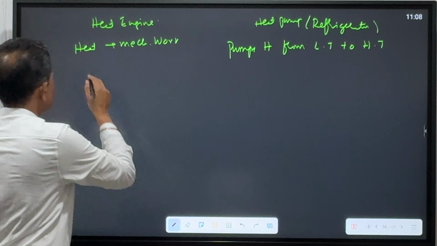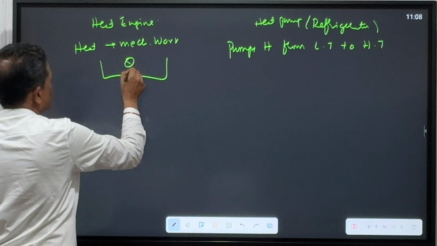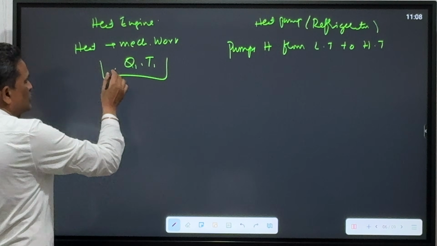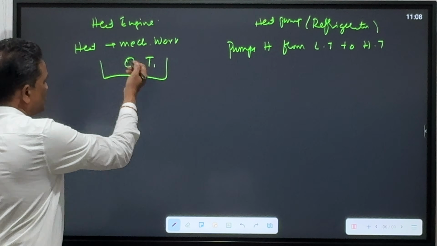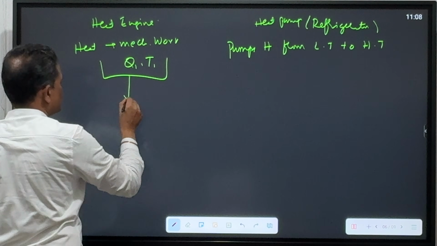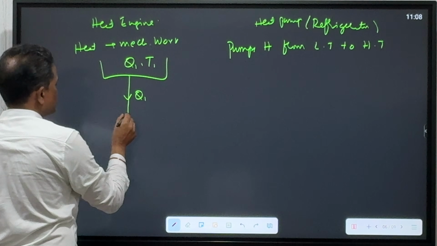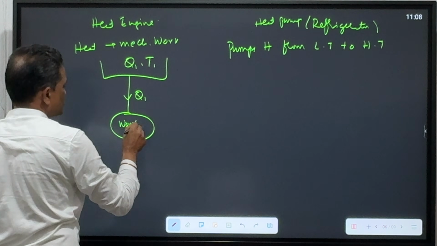So what does it consist of? It consists of a heat reservoir with heat energy Q1 at temperature T1. This is the source of the heat, also called a reservoir. From this we draw heat energy Q1, and this heat energy is taken by some working substance, as in Carnot's heat engine.